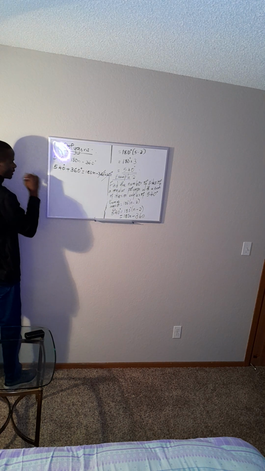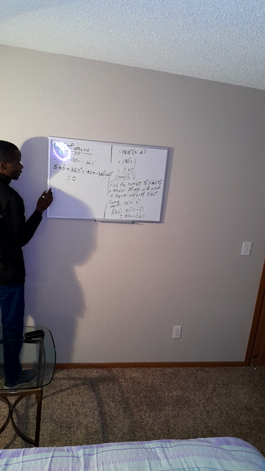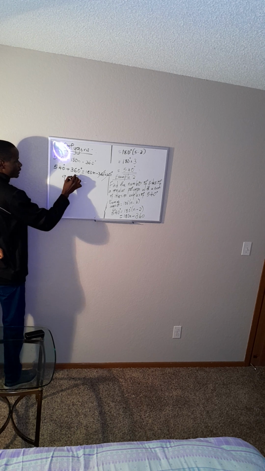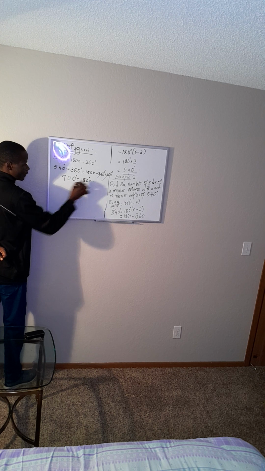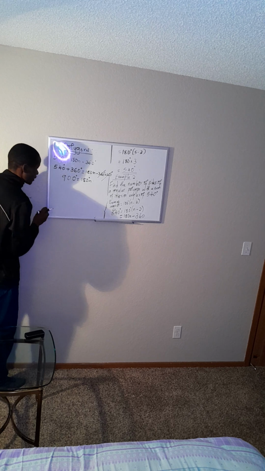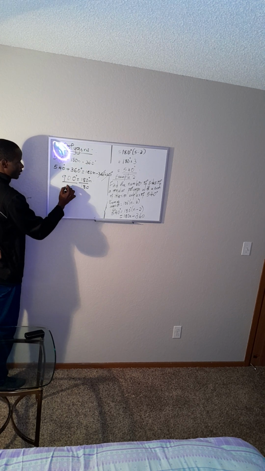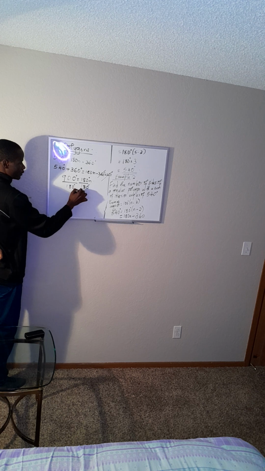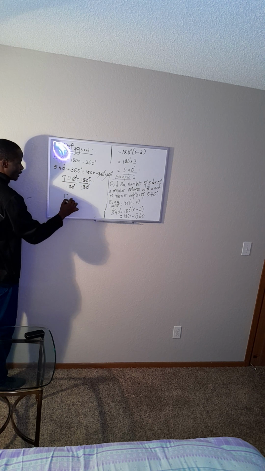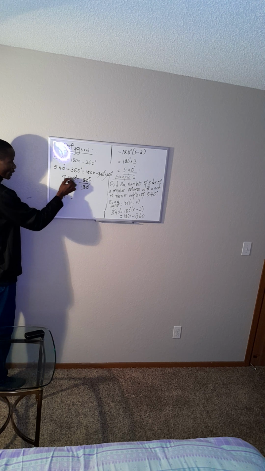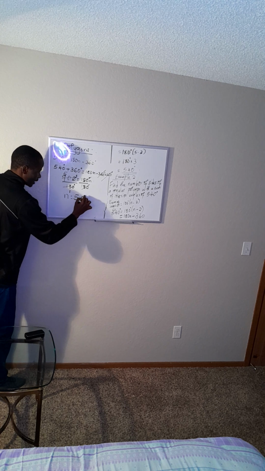Now what do I have? I add this side and have 900 degrees equal to 180 degrees n. I'm looking for the value of n. Therefore I divide both sides by 180. Degrees and degrees cancel. So n is equal to 5 sides.